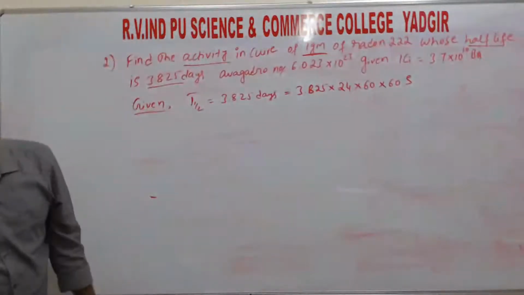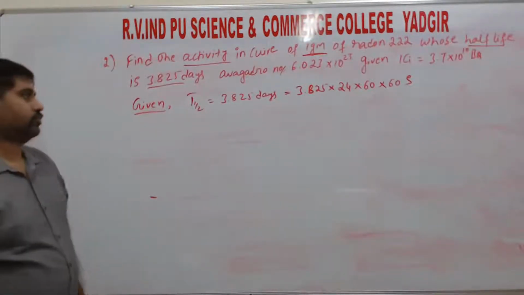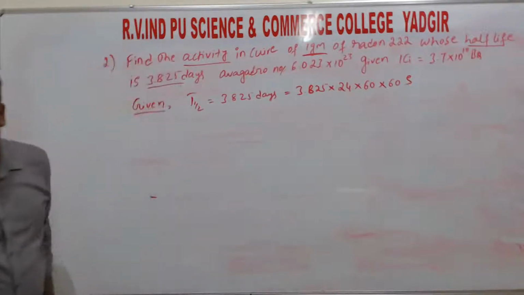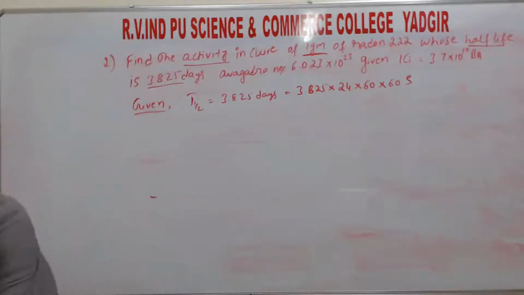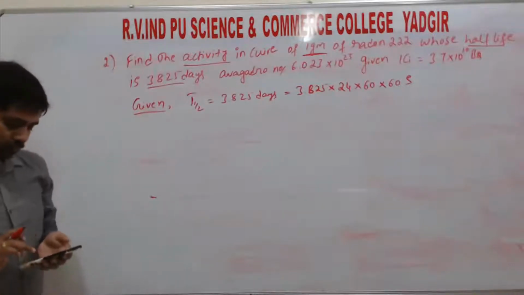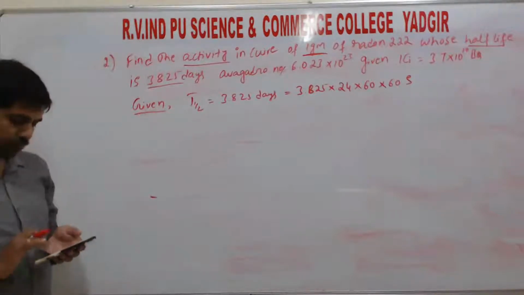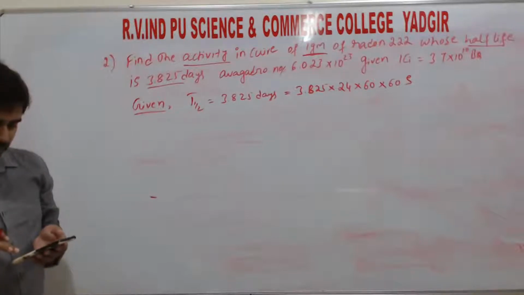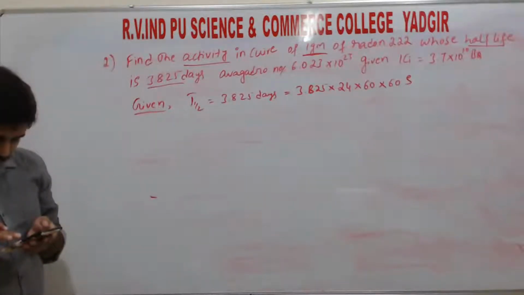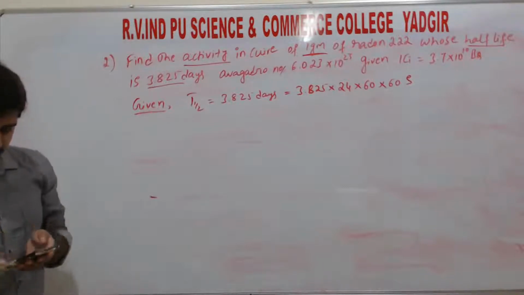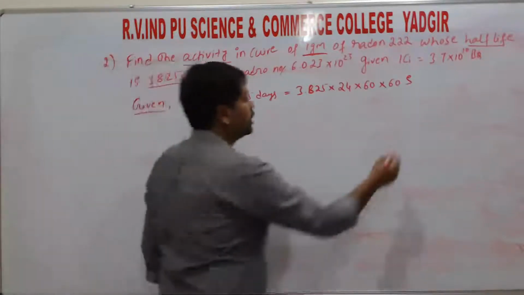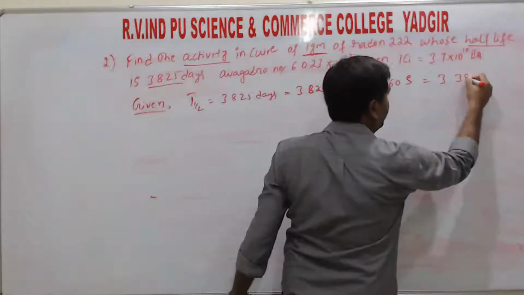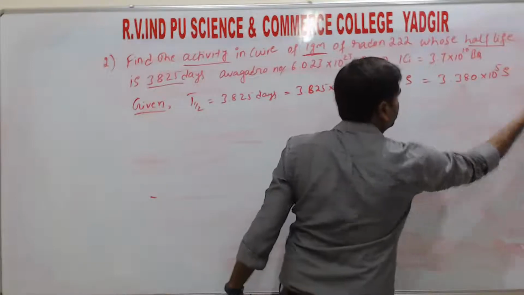So if we simplify that value, we get 3.380 into 10 to the power of 5 seconds.